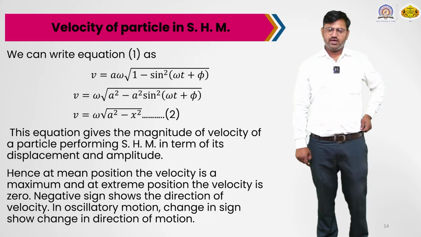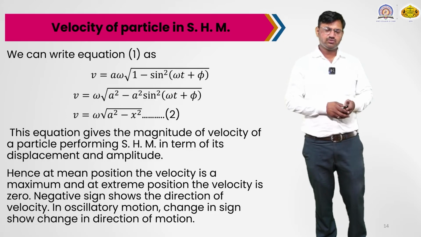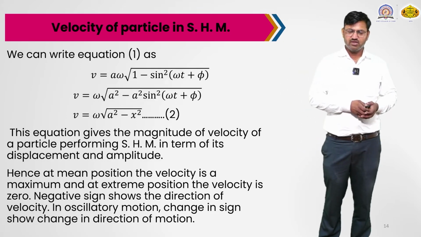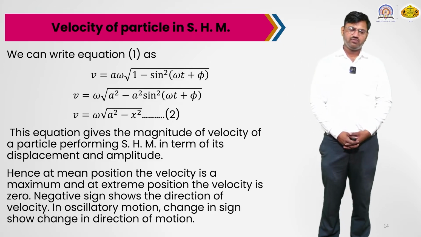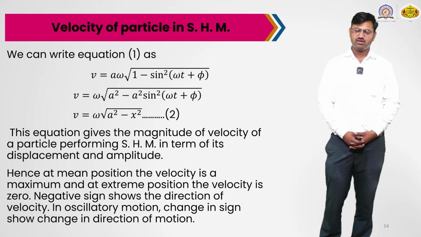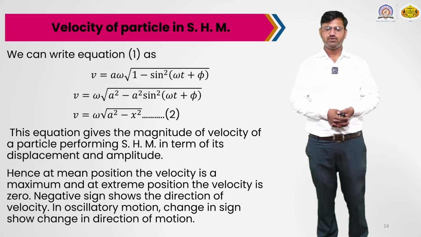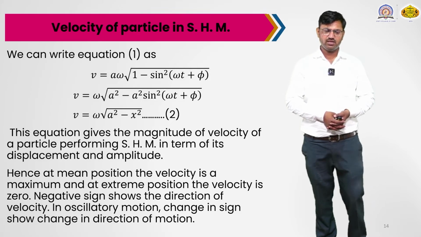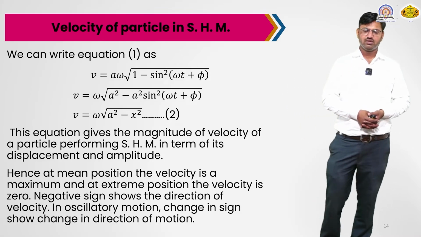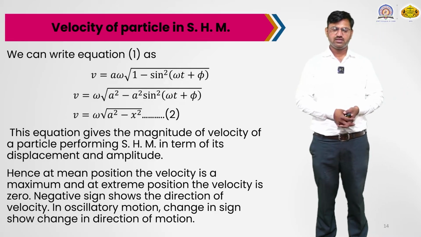Here a sin(omega t plus phi) is x, so substitute x in this term. This equation gives the magnitude of velocity of a particle performing simple harmonic motion in terms of its displacement and amplitude. Hence, at mean position, the velocity is maximum, and at the extreme position, the velocity is 0.